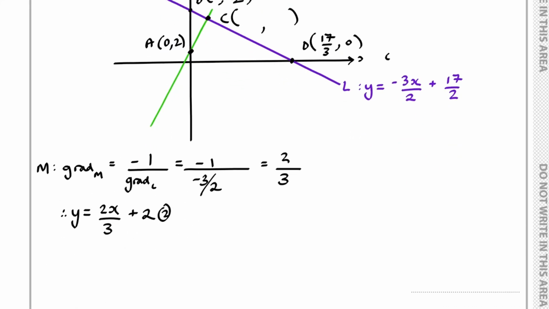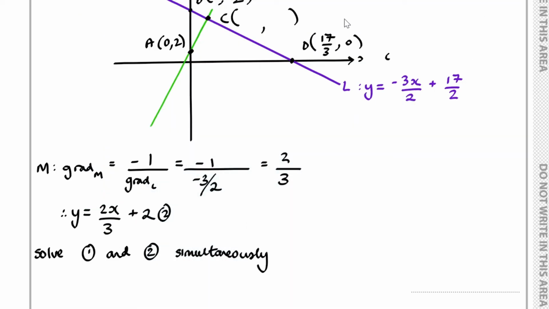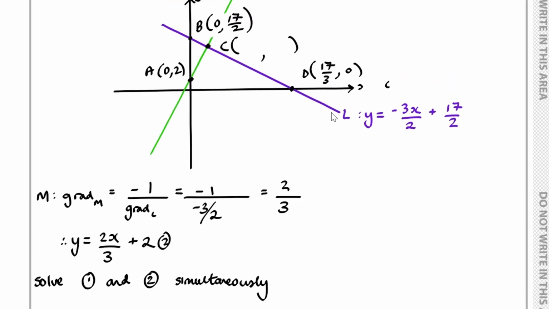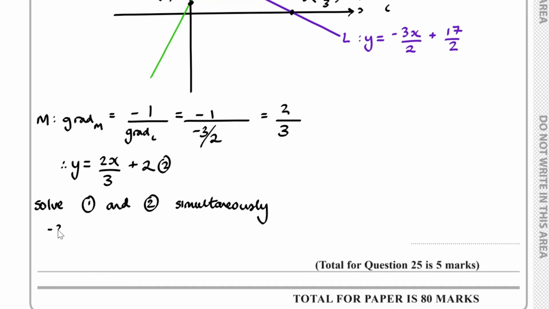So let's just write that down. So we can solve those equations simultaneously, and the way we can do that is setting them equal to each other. So here we've got minus 3x over 2 plus 17 over 2, and this is equal to 2x over 3 plus 2.